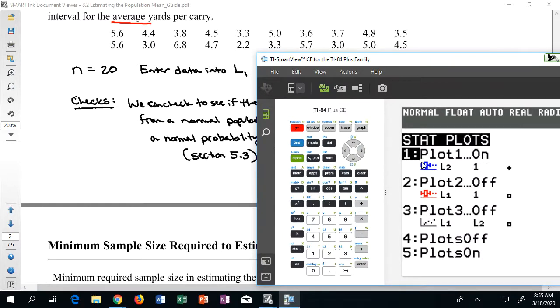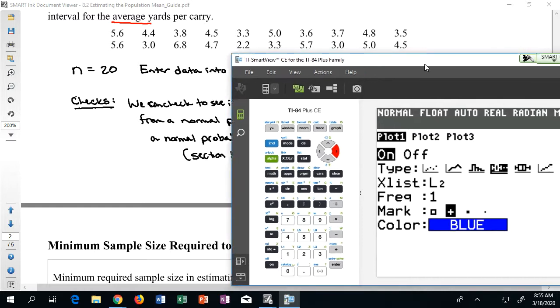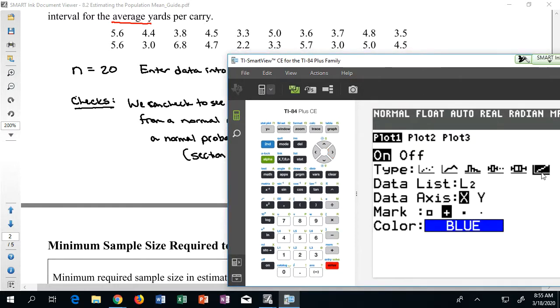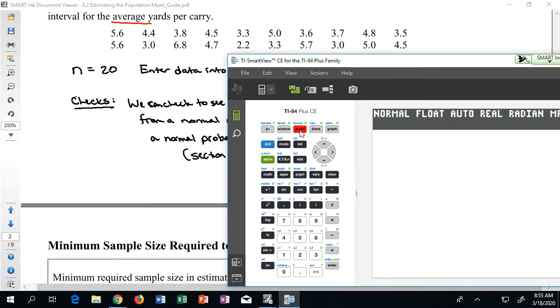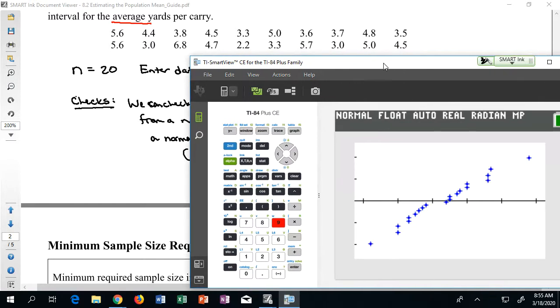Now I'm going to look at this first option. And again, the normal probability plot is this very last picture over on the side. It's this one. That's the one I want to select. It's going to ask me where my data is located, and I'm going to tell it list number 1. The rest of the information never needs to be changed. Then I can hit zoom and 9. And here's a picture that I create.